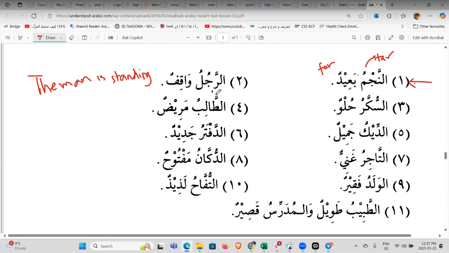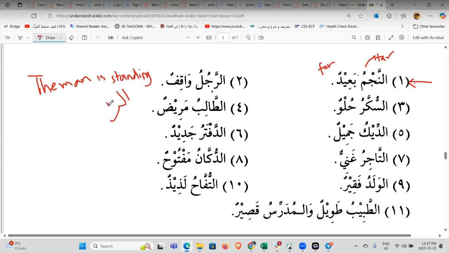Use this not as a predicate, but as an adjective. What do I need to change here? الرجل الواقف. So basically we'll do alif and lam for both of them.